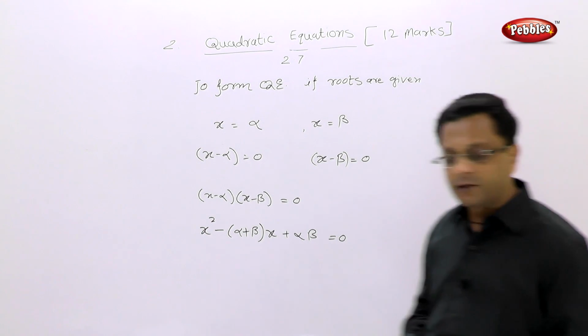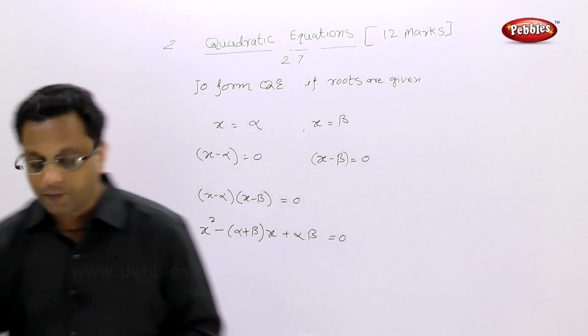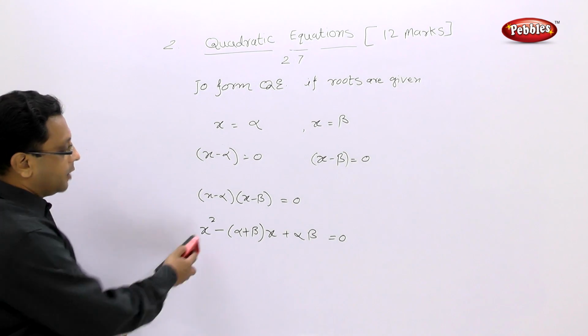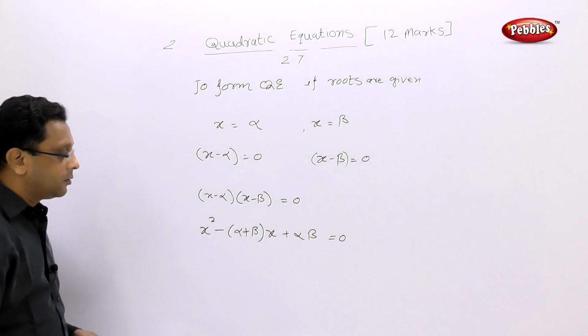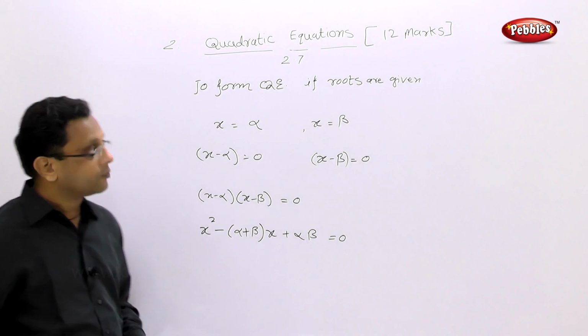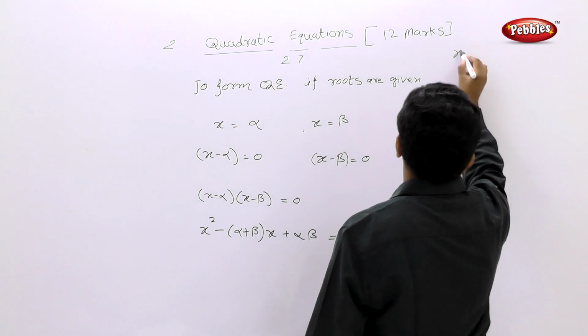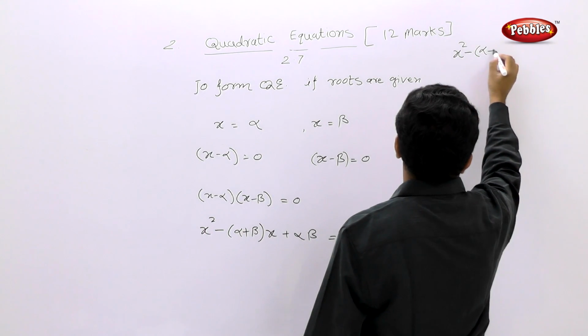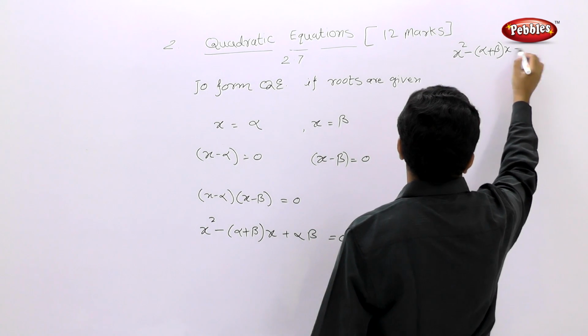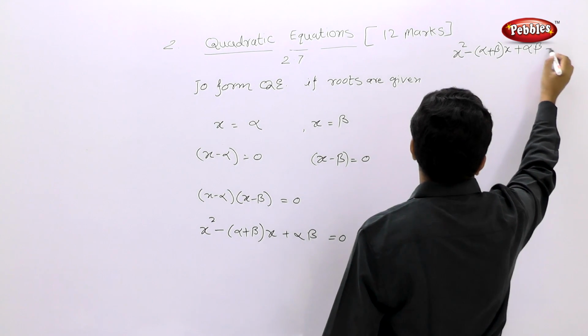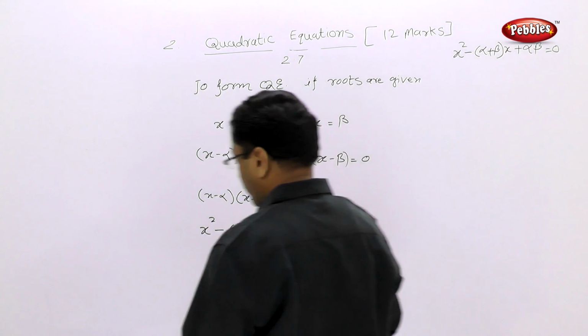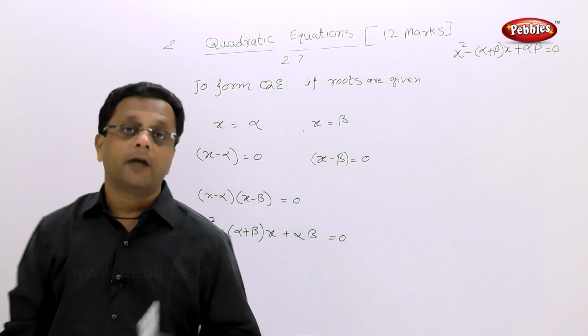Let us see a few examples for this. I will write this on the top somewhere. Let us say that x square minus (alpha plus beta) x plus alpha beta is equal to 0. So we have to find the sum of the roots and the product of the roots.